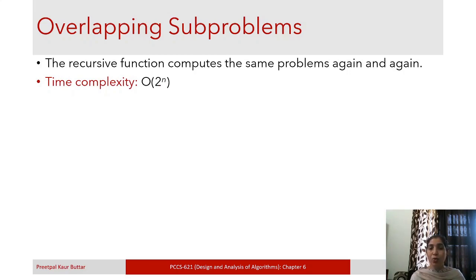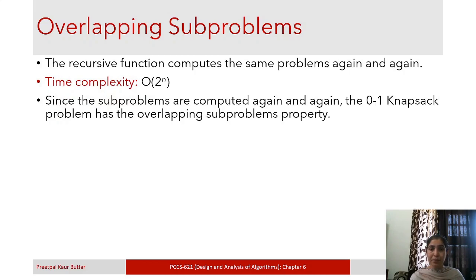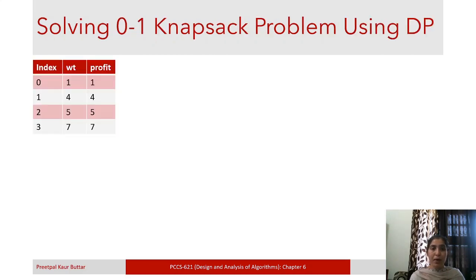So how to do better? We can do better using the dynamic programming approach. Okay. So let us take the help of an example to understand how to solve this 0-1 knapsack problem using the dynamic programming. Okay, so this is the example.